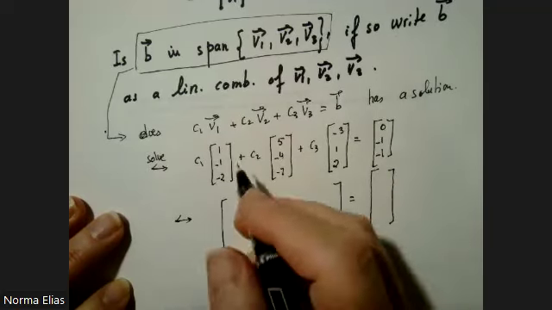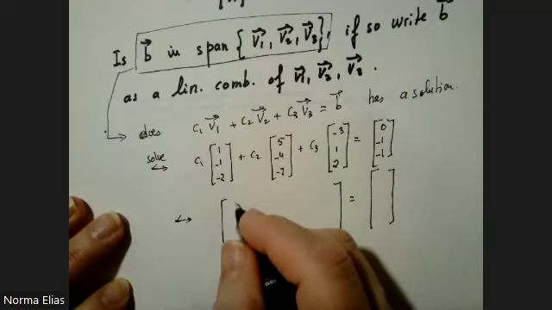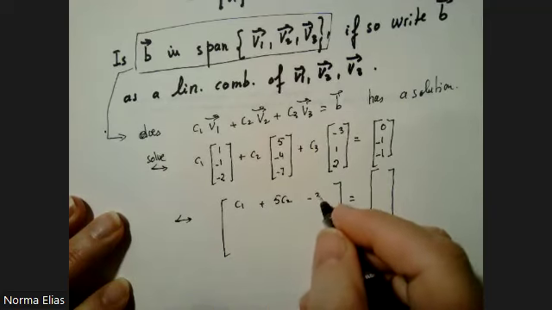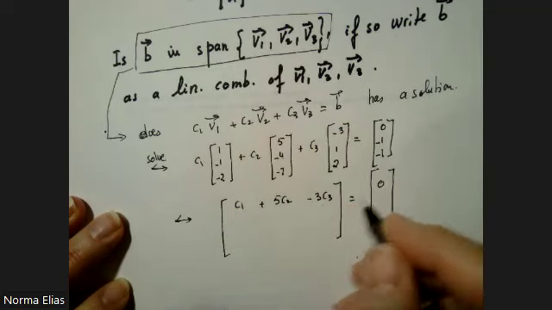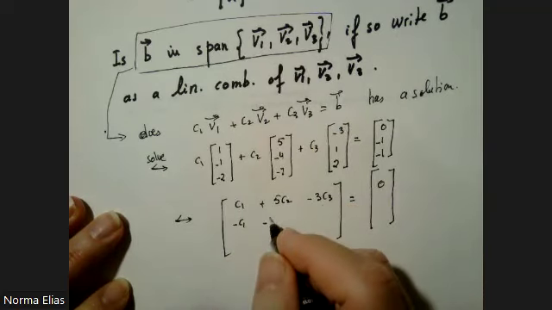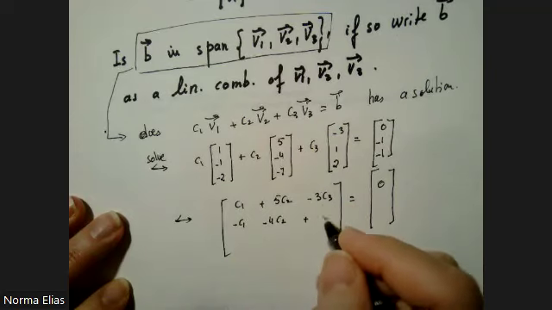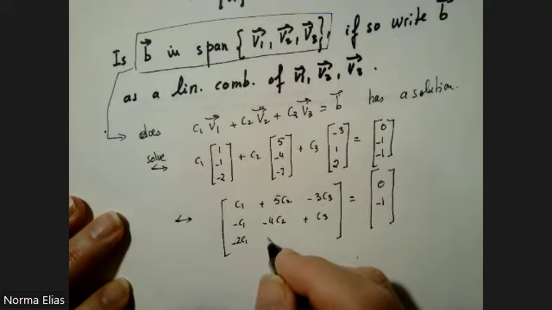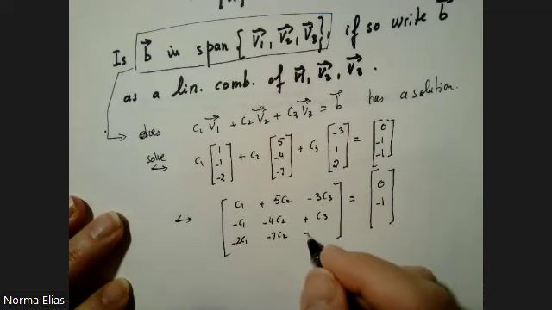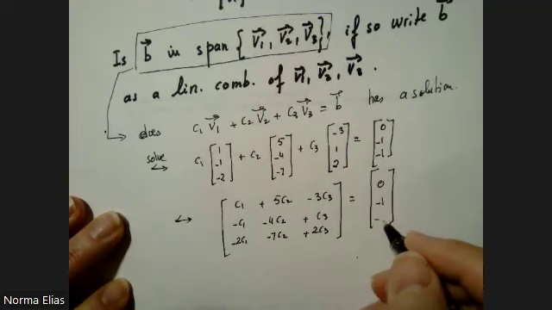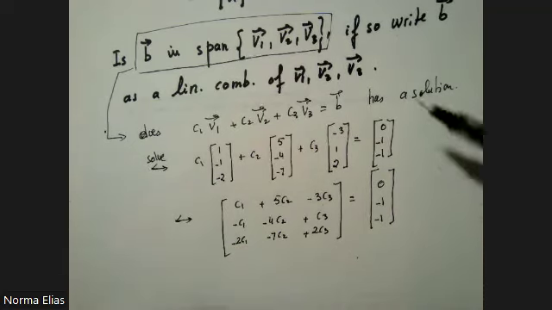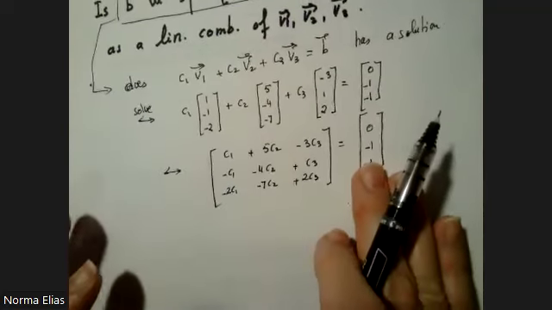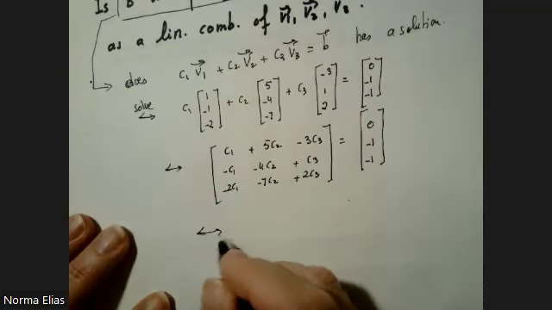If I add the first vectors, I will get C1 plus 5C2 minus 3C3 equal to 0. Then minus C1 minus 4C2 plus C3 equal to minus 1, and minus 2C1 minus 7C2 plus 2C3 equal to minus 1. So it's finding those weights, equivalent basically to solving the system. So this is equivalent to solving the system.